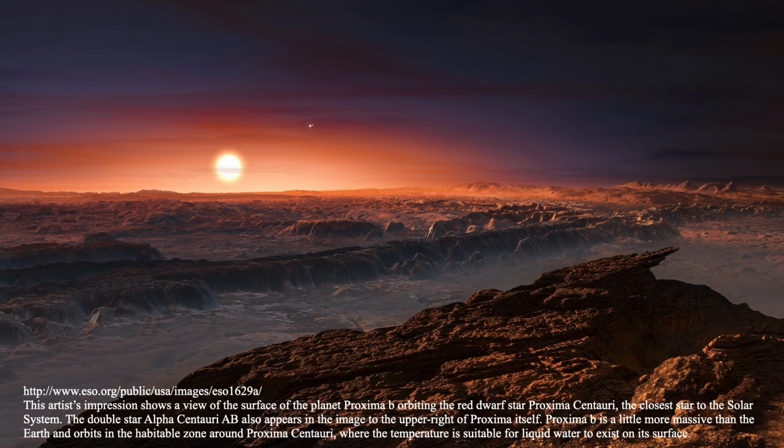Because Proxima B is so close to its star, it would probably be tidally locked, meaning it would only show one side to the star, much in the same way that Io, Europa, Ganymede, and Callisto orbiting Jupiter only show one side to Jupiter. They're all tidally locked. Proxima B is highly likely to be tidally locked to the star.